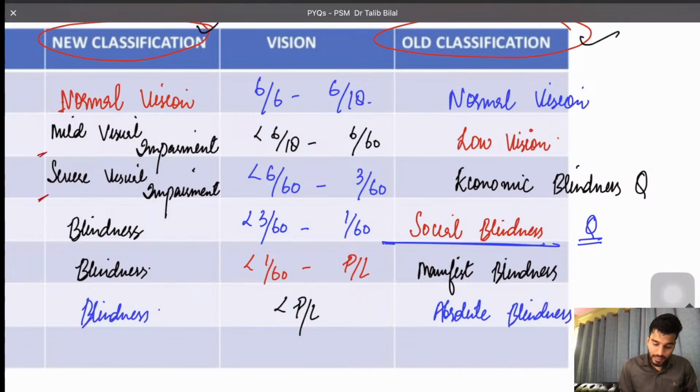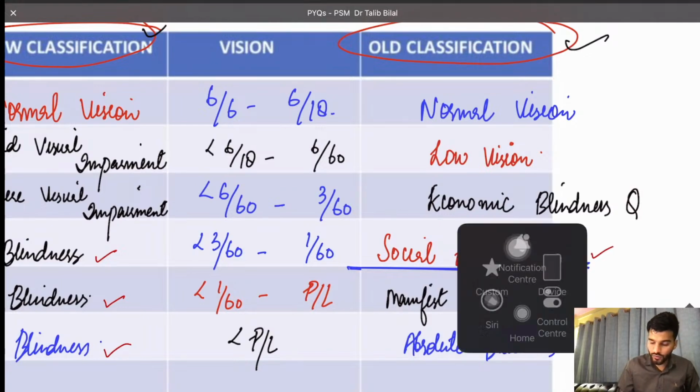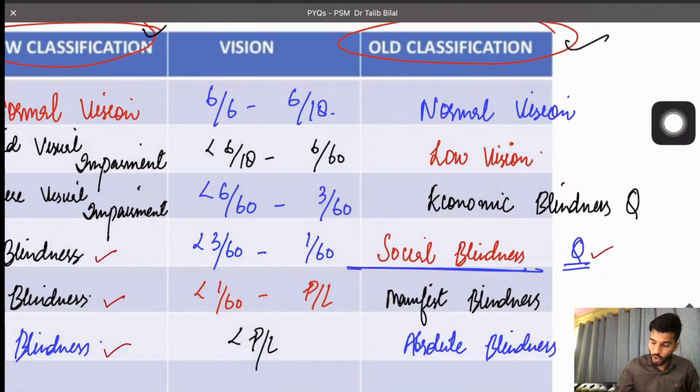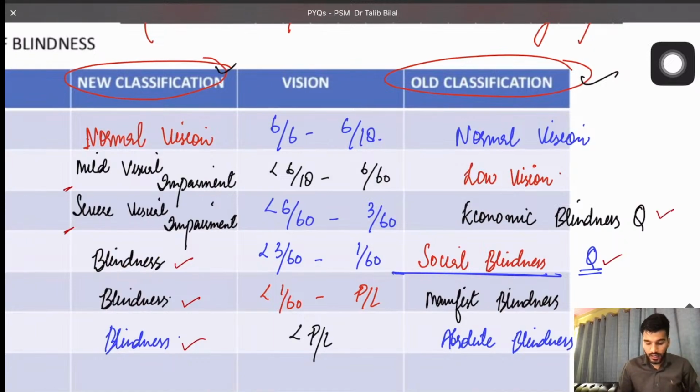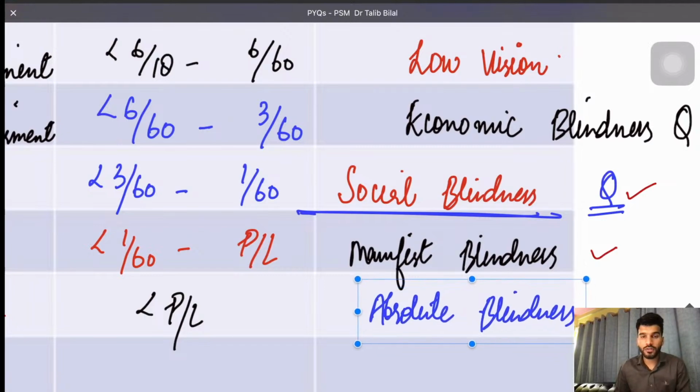Any value less than 3/60, your answer is going to be blindness. As per the old classification, less than 3/60 to 1/60 is social blindness, less than 6/60 to 3/60 is economic blindness, less than 1/60 is manifest blindness, and less than perception of light is absolute blindness.